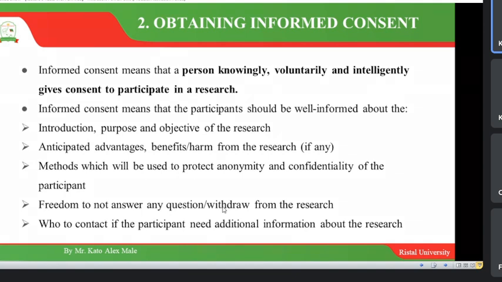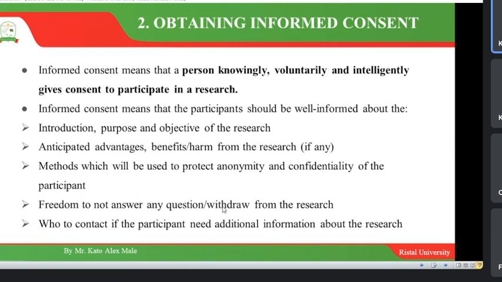Ensure that they have known and understood what you have explained. Ensure that you do not force them to participate in this study. They should take this voluntarily. They should voluntarily accept to participate in your study. And then intelligently: ensure that your participants have decision-making capacity.